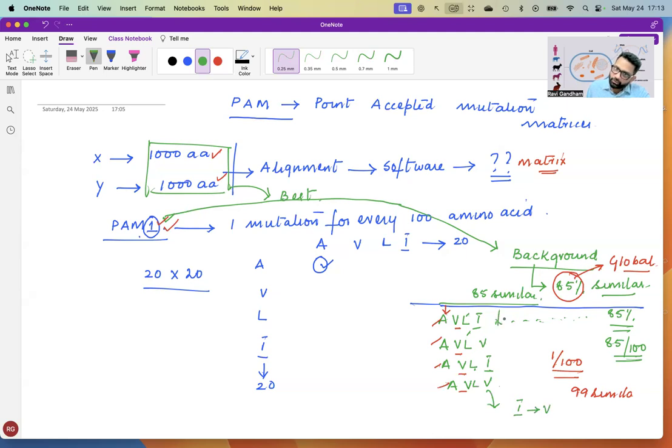And all the rest of the sequences across the 100 base pairs, that chunk you are considering, they're all similar, but for this position, which is having one single mutation for every 100. Is that clear? Now you have several chunks. This is one chunk.